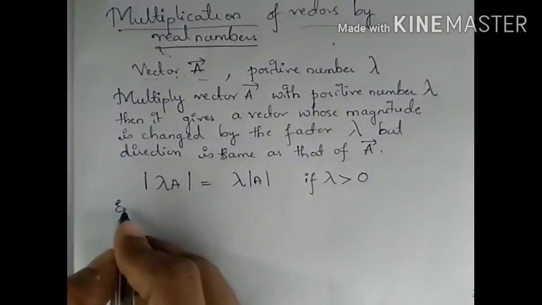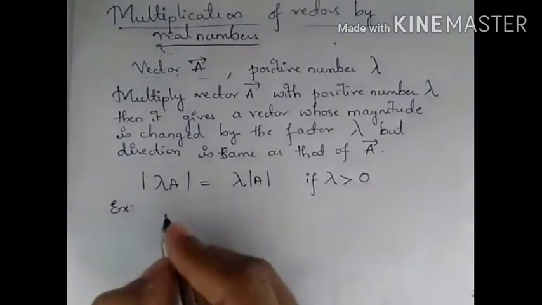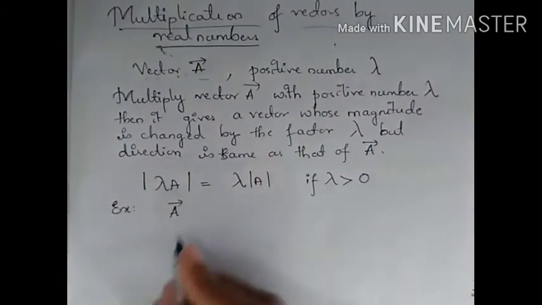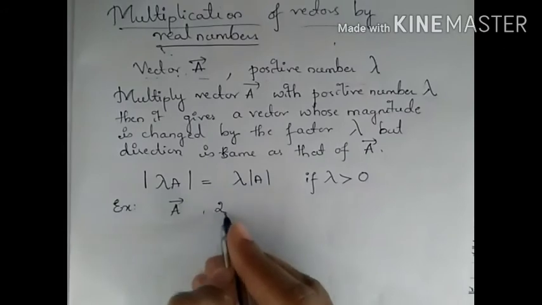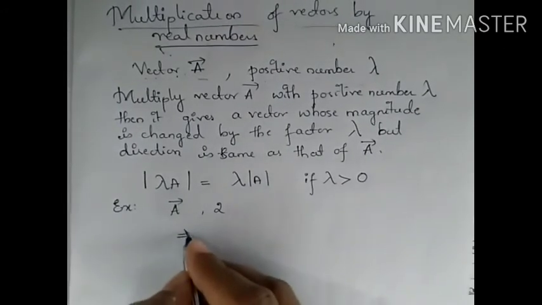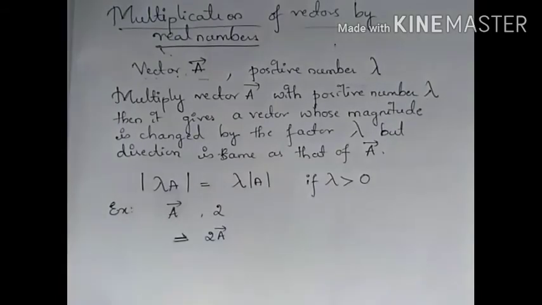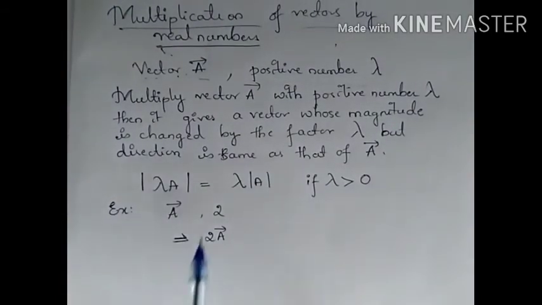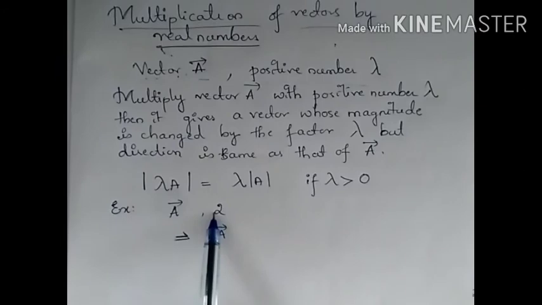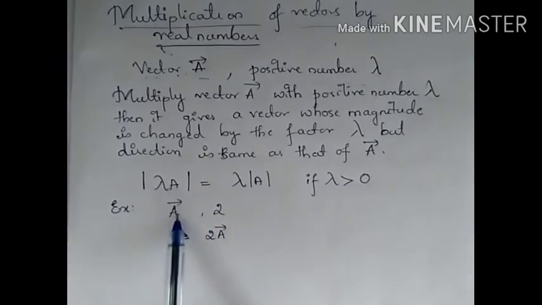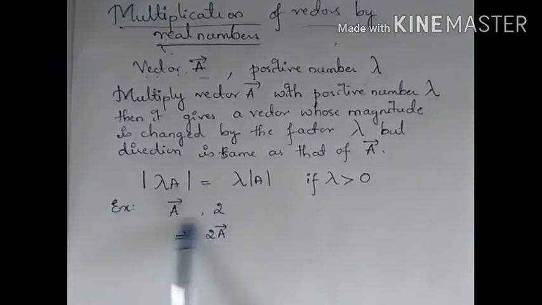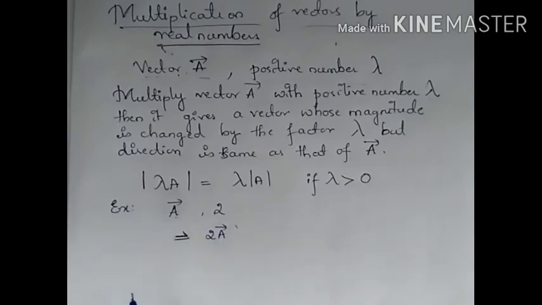So for example, there is a vector A. If you multiply this vector A with 2, that will give answer as 2A. So here you are multiplying the number 2 with the vector A, then this multiplication will give you a vector with the magnitude 2.